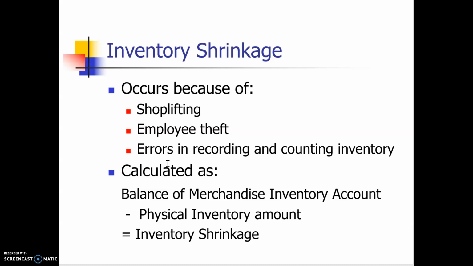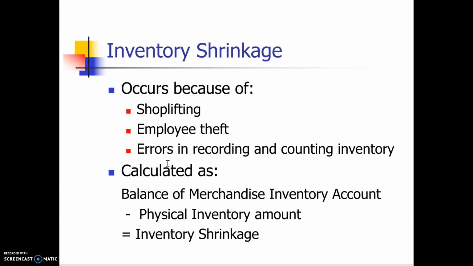So at the end of the period, we will count up our inventory and we will compare the balance of the merchandise inventory account to the physical inventory amount that we got when we counted it up. And the balance in our merchandise inventory account in our general ledger is probably going to be higher because of things like shoplifting, theft, spoilage of inventory, depending on what type of inventory you have.